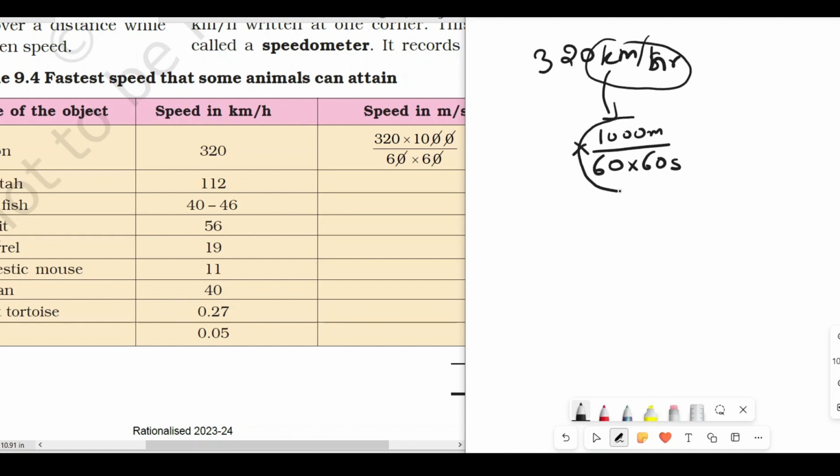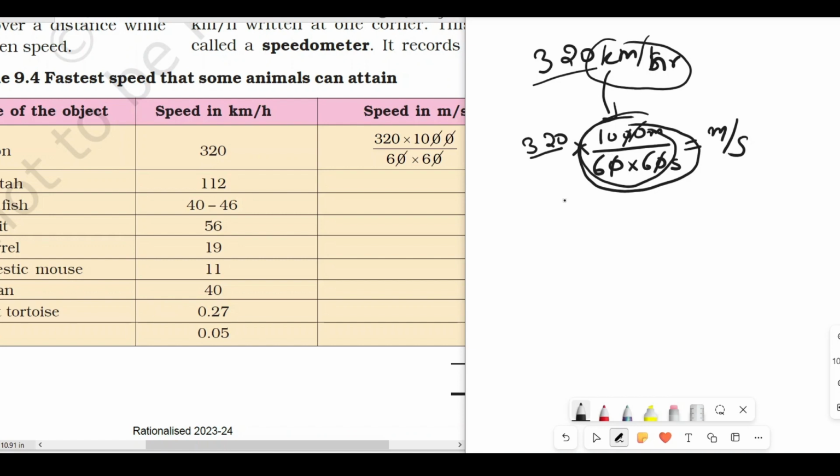You write 1,000 meters upon 60 into 60 seconds, and this is multiplied by 320. So if you multiply 320 by this unit, what would you get? You would get the speed in meters per second, which can easily be calculated if you reduce this fraction to the lowest form, and it's simple mathematics from here on.